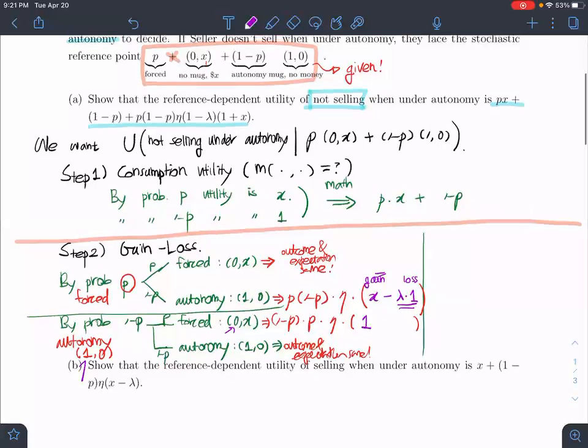However, I expected X amount of dollars, but I do not have it right now in my outcome, in this autonomy case, in this purple arrow. So this is my loss. So I feel like I lost X dollars. And then to emphasize this loss, we were multiplying by lambda. Any questions? Does it make sense?